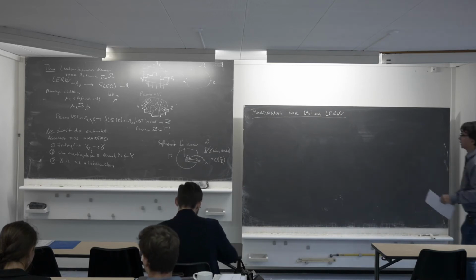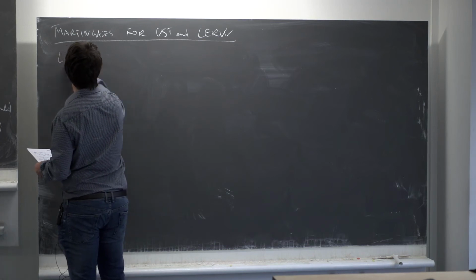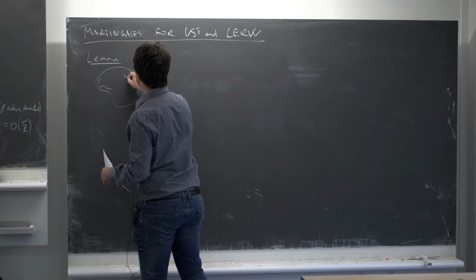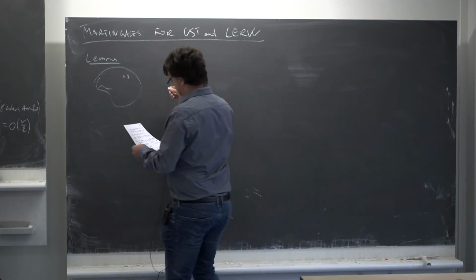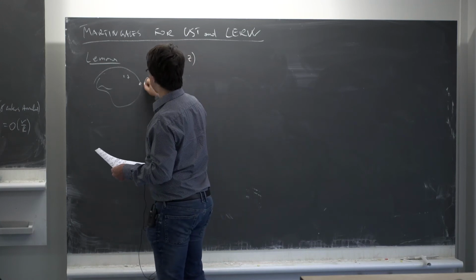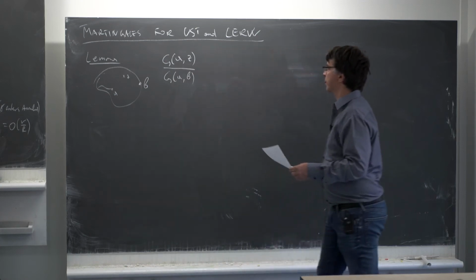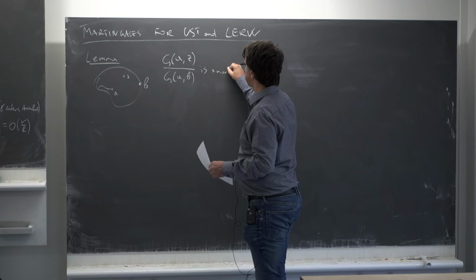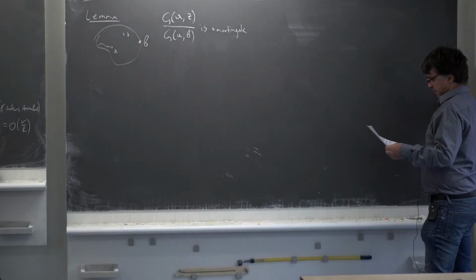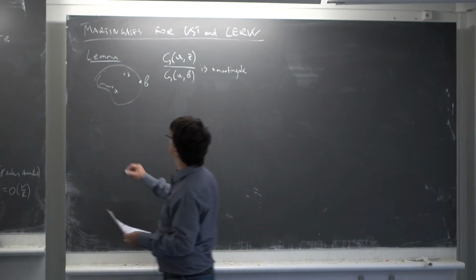Lemma: we have this picture, and we take a point Z. The ratio of the Green's function from A to Z, where A is the tip of the curve, to the Green's function from A to B, is a martingale.